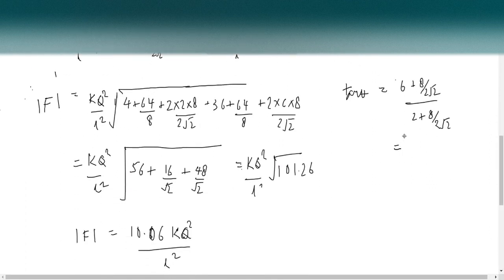Let me use my calculator. It will be equal to 8.828 divided by 4.828. So theta will be equal to the tan inverse of the division of both of them.